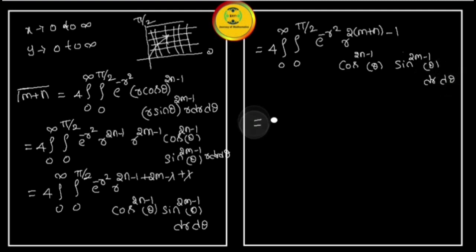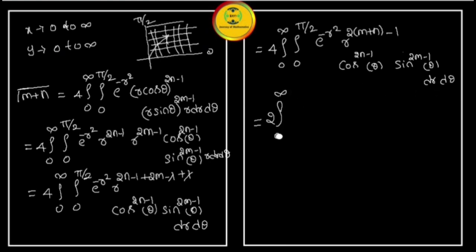Now this above double integral I am going to split into single integrals: integration for r separate and integration for theta separate. All r terms should come under the dr integral, so the integral ranges from 0 to infinity, related to the dr term.